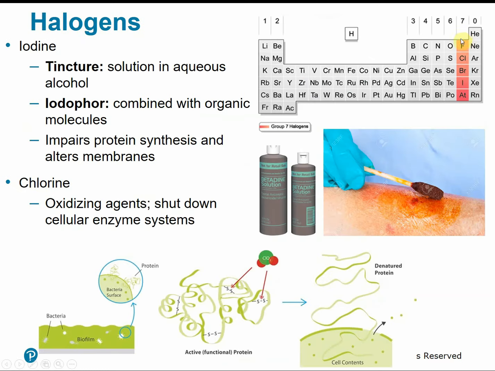Halogens are everything in column 7 on the periodic table. Iodine is commonly used for microbial control as either a tincture or an iodophore. Tinctures are just the iodine solution mixed with alcohol. Iodophores are iodine combined with organic molecules. But they are all going to work by impairing protein synthesis and altering the membrane.